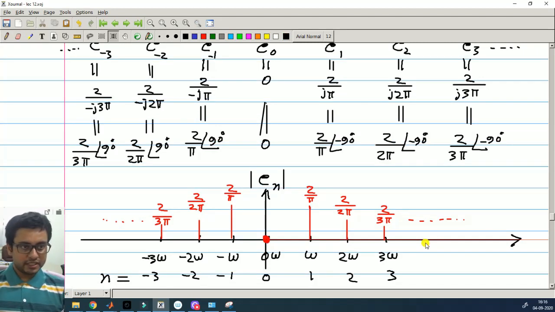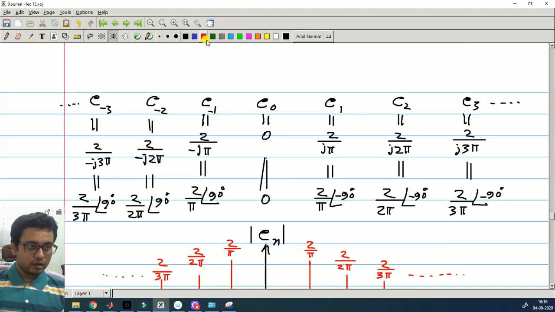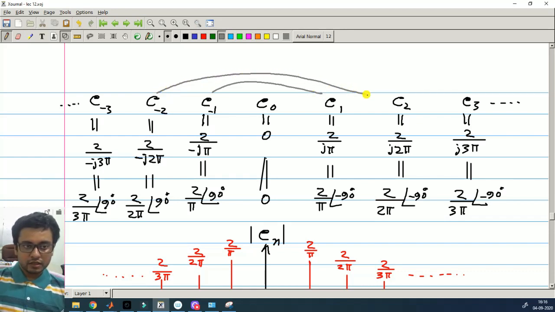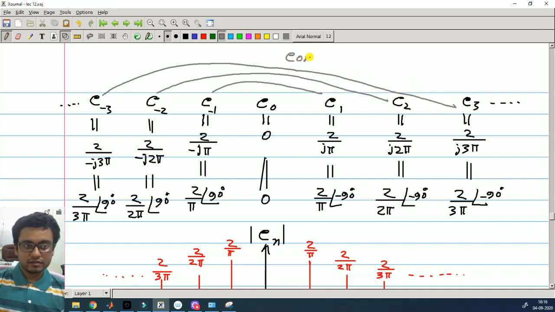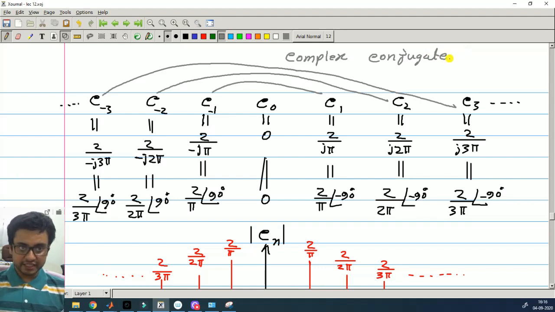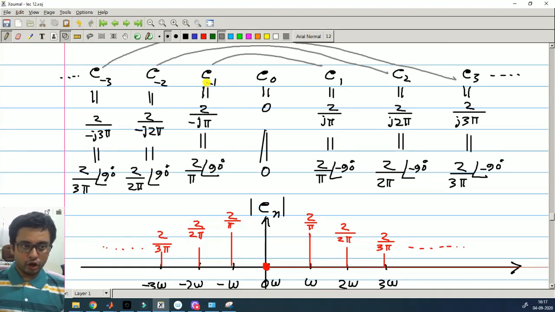Okay, now you see that these coefficients occur as complex conjugate pairs. That is true for any real valued signal x(t), and therefore the magnitude of C minus 1 must be the same as that of C plus 1, and similarly the magnitude of C minus 2 should be the same as that of C plus 2.